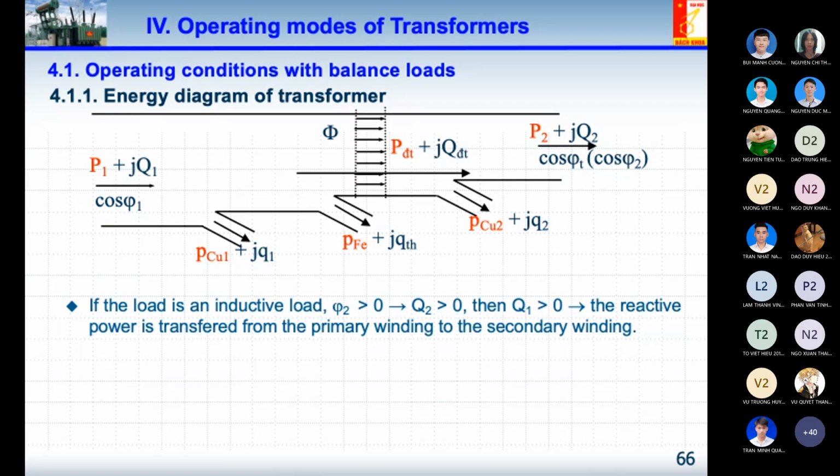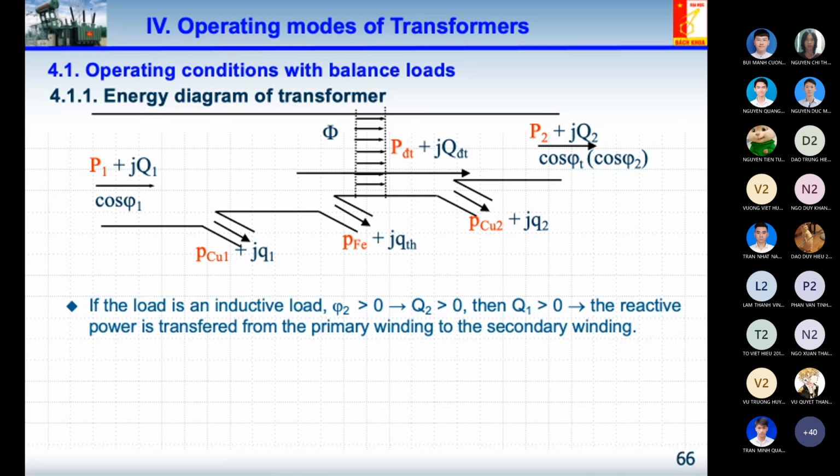It means that this transformer takes reactive power from the electrical system to the transformer, for the inductive load.